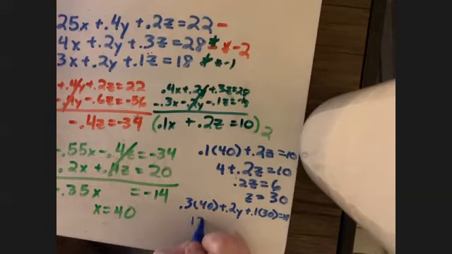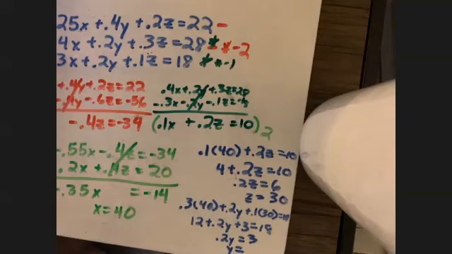This is going to be 12 plus 0.2y plus 3 equals 18. That's going to give me 15. Subtract it over. 0.2y equals 3. That's going to be y is 15.